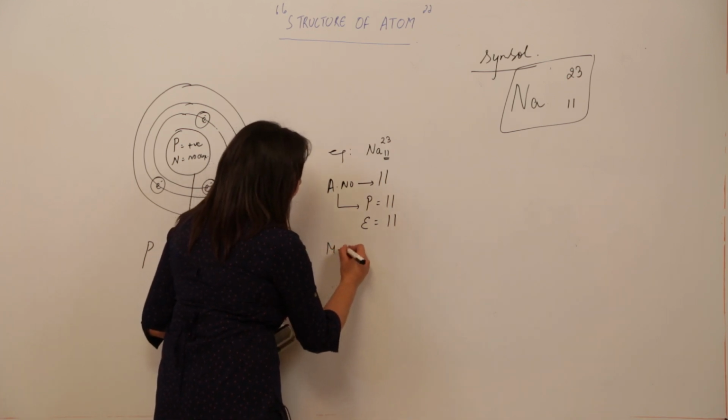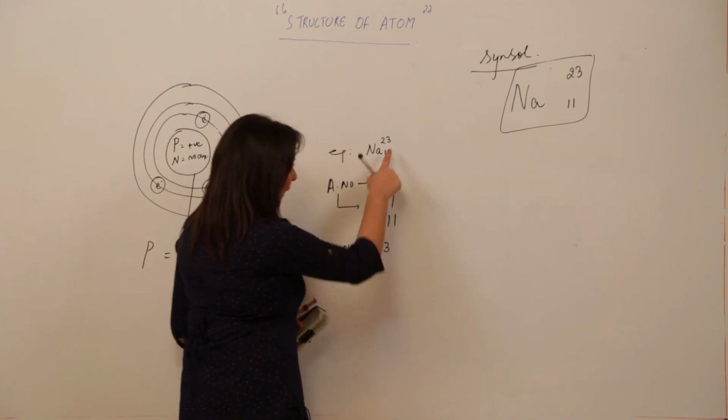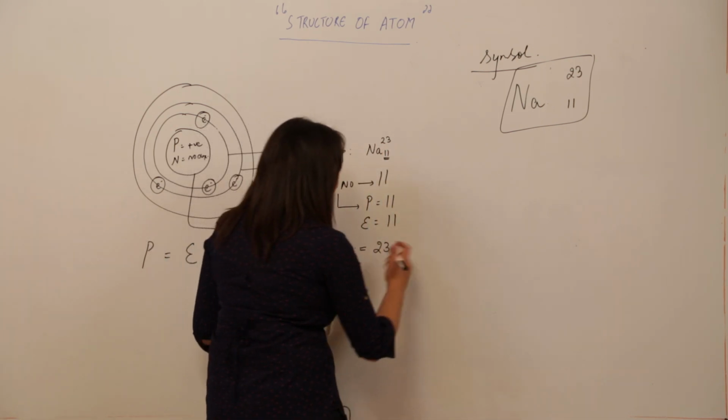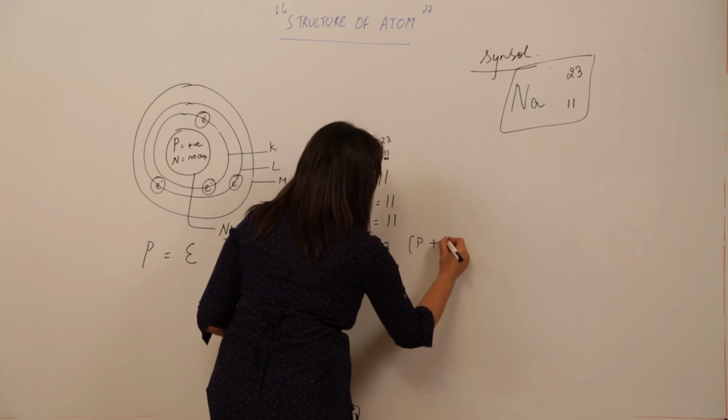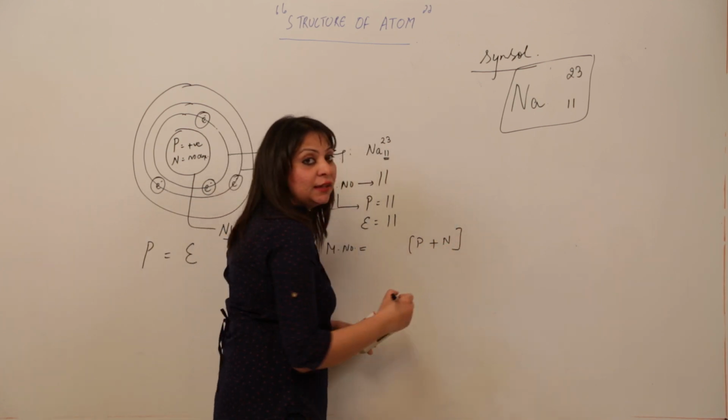And what information do you get from the mass number? The mass number is 23. The mass number is equal to the number of protons plus the number of neutrons.